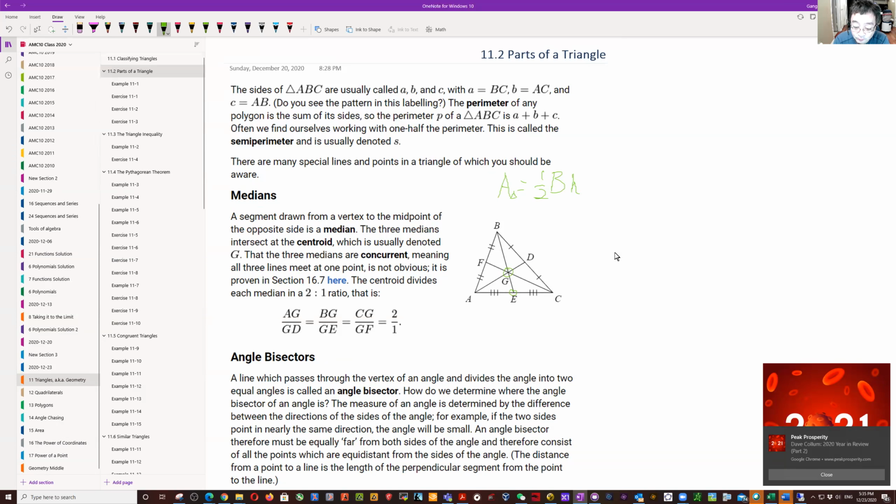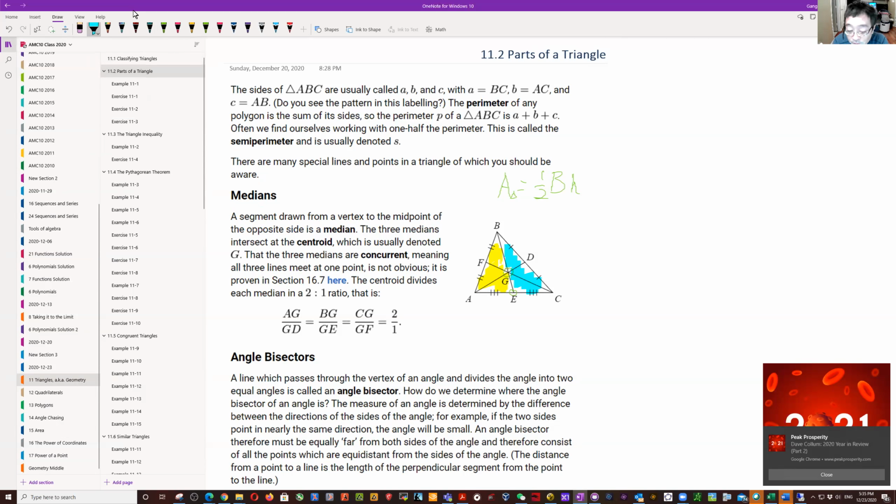So you can argue that this part, the yellow part, and this blue part have the same area, even though they look different, because they share the same height. They just use different bases, but since it's the middle point, their bases are actually the same. So this area is the same.